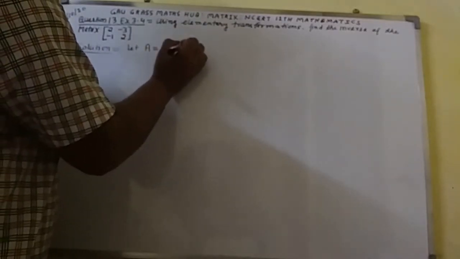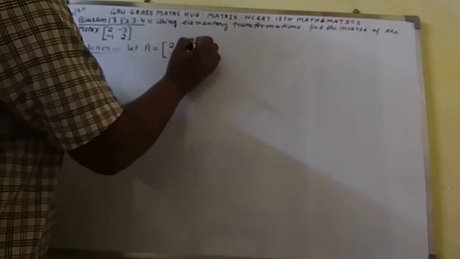Solution equal to, let capital A equal to opening square bracket, the elements of first row I shall write 2, minus 3, the elements of second row I shall write minus 1, 2, closing square bracket. This is the matrix given in the question itself.